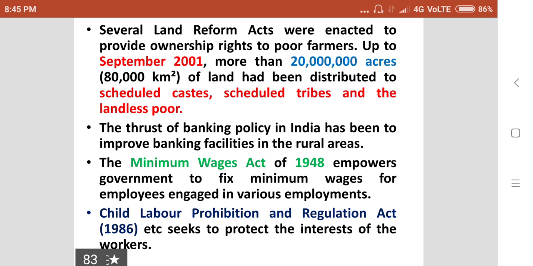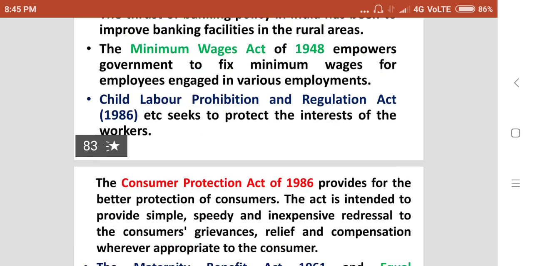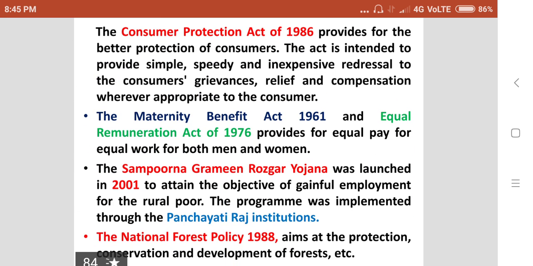The Child Labor Prohibition and Regulation Act 1986, etc., seeks to protect the interests of the workers. The Consumer Protection Act of 1986 provides for the better protection of consumers.